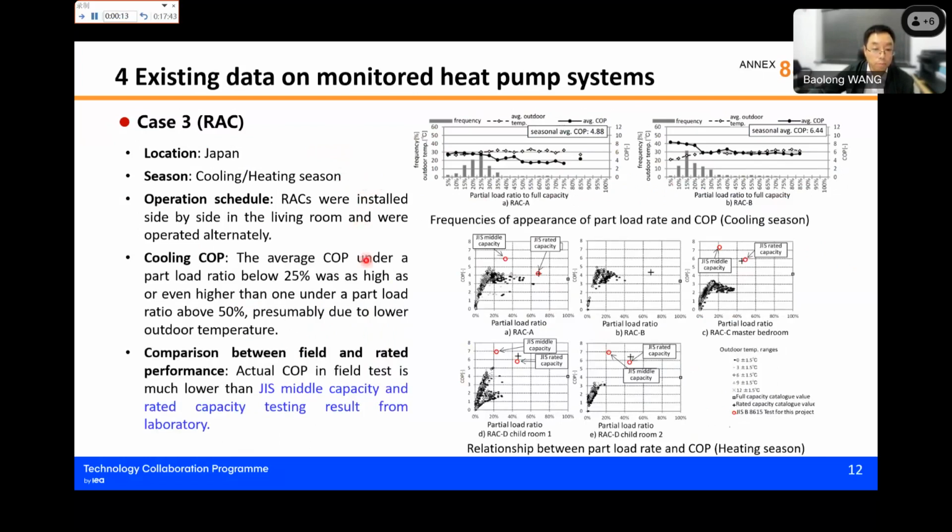Generally, based on this test, comparing the field and the rated performance, the actual COP in the field test is much lower than the standard test rated, middle capacity or rated capacity testing result from the laboratory, for both the cooling season and the heating season.